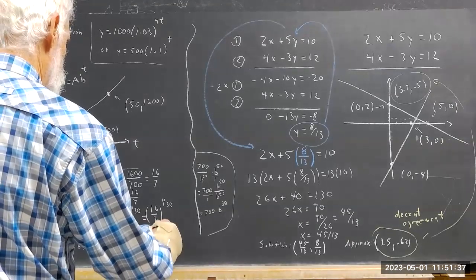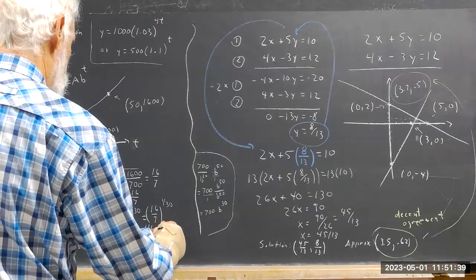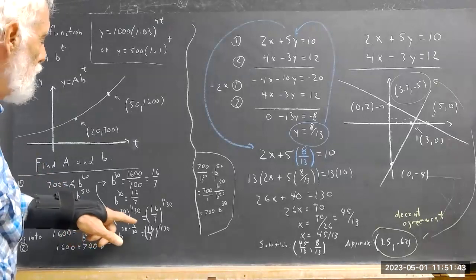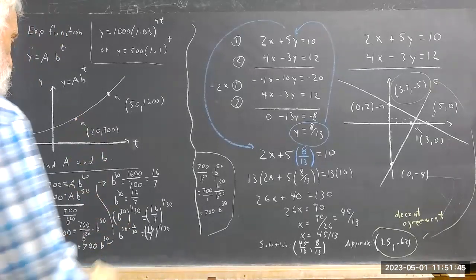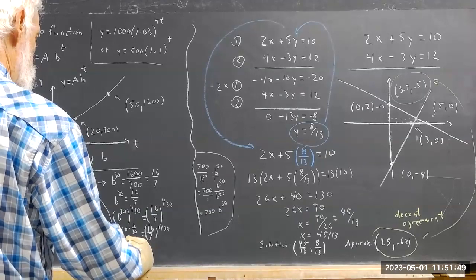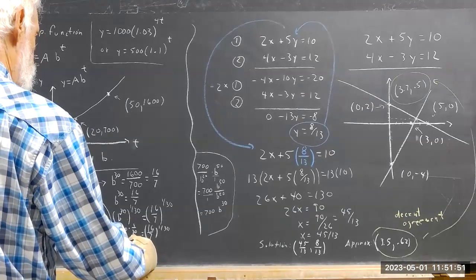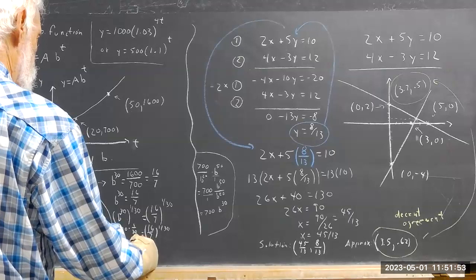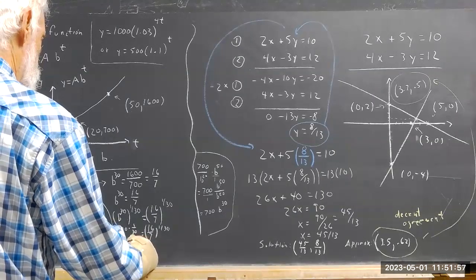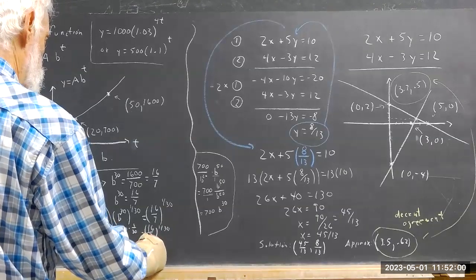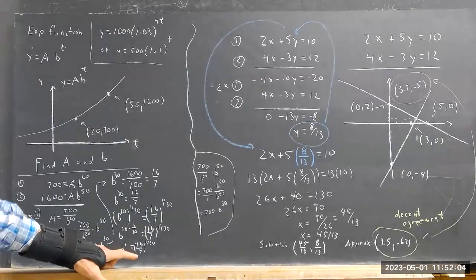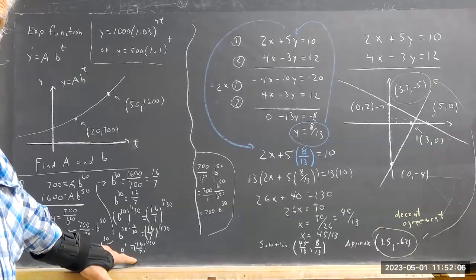That's 16/7 to the 1/30th, and 30 times 1/30th is 1. We get 16/7 to the 1/30th.